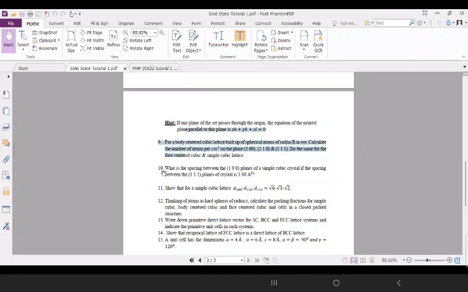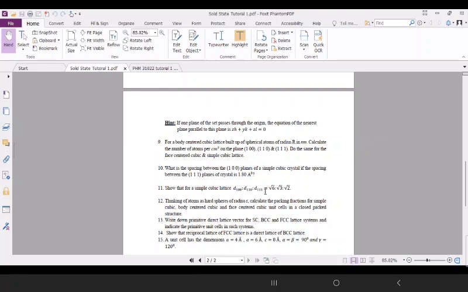Okay, see, the 11th question: show that for a simple cubic lattice, d100, d110, d111 are in the ratio square root 6, square root 3, square root 2.